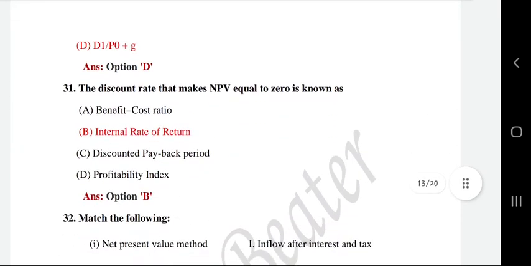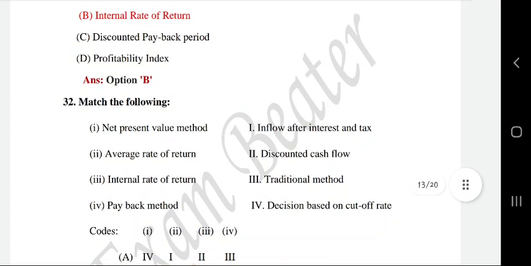Then 31. The discount rate that makes NPV equal to 0 is known as, B is the answer, internal rate of return. Next, match the following.